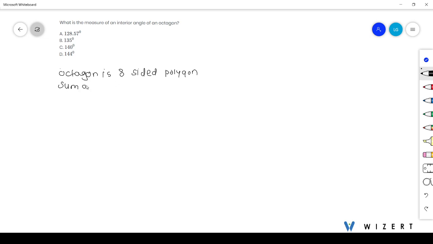Sum of the interior angles of a regular polygon is given by (n minus 2) times 180.